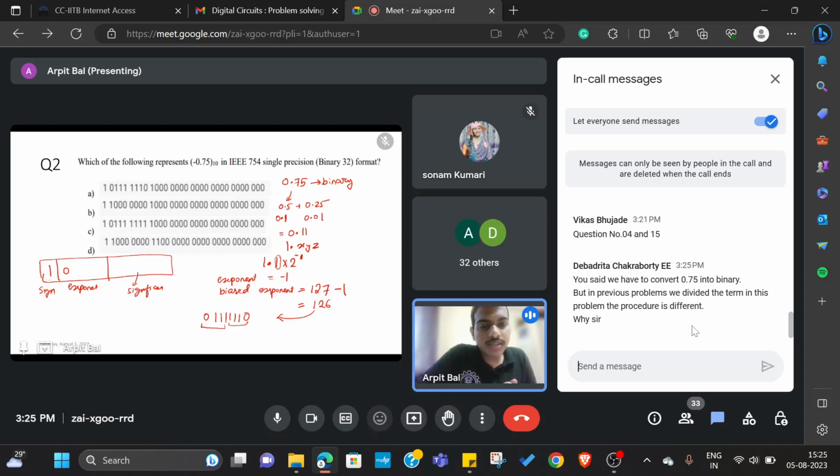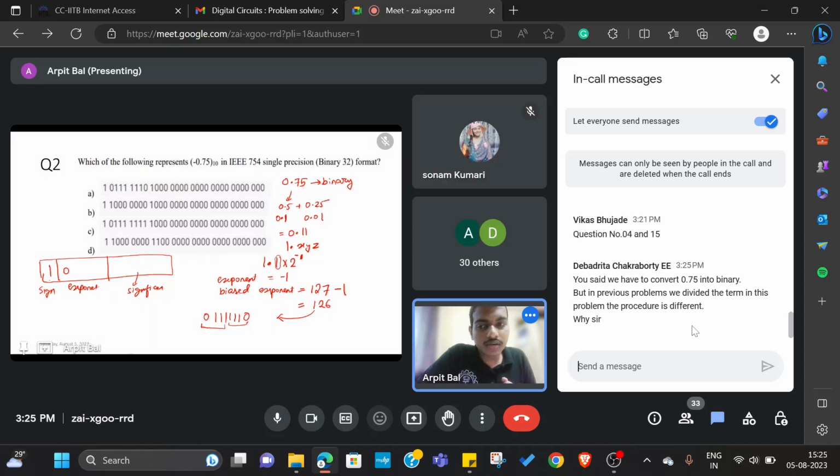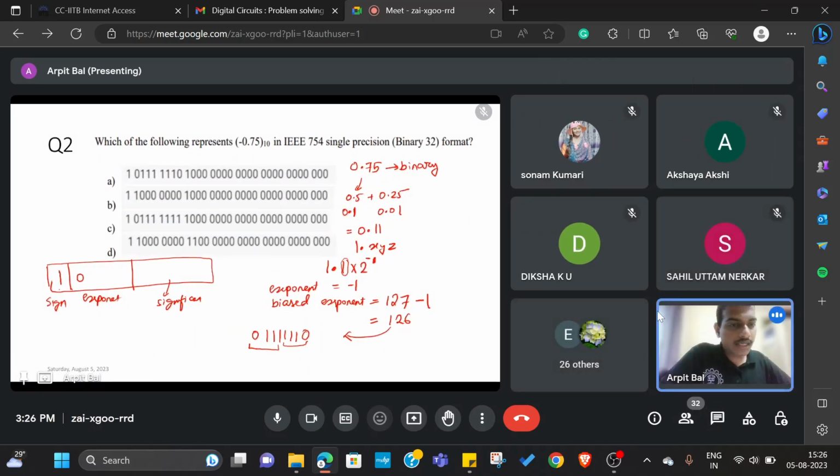Anything before the decimal point, let's say we have something like 5, needs to be converted to binary using the long division method. So anything before the decimal point, long division; anything after the decimal point goes through the multiplication method. I hope that answers your question.